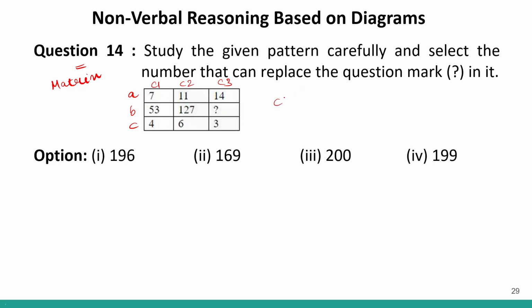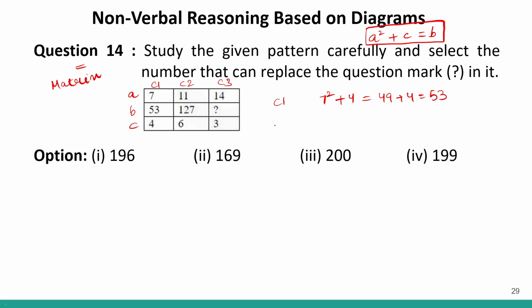In column number 1, if I square 7 and add 4 to it, 7 square will give me 49. And adding 4 to it will give me 53. So this logic is correct for column number 1. What is the logic? We are basically squaring A, adding C to it to get B. This is the logic.